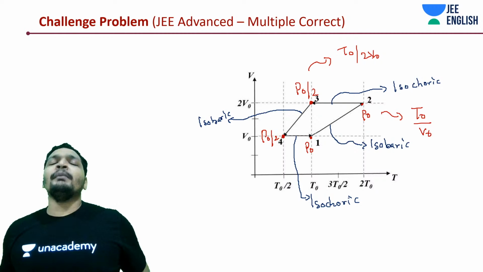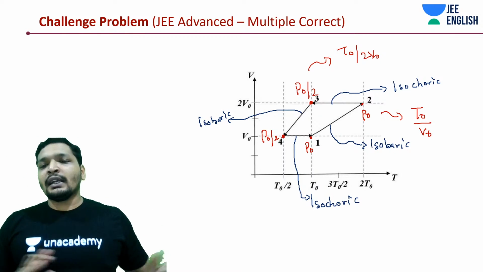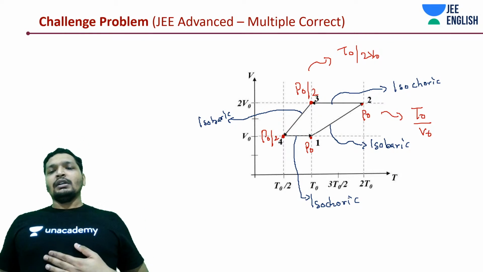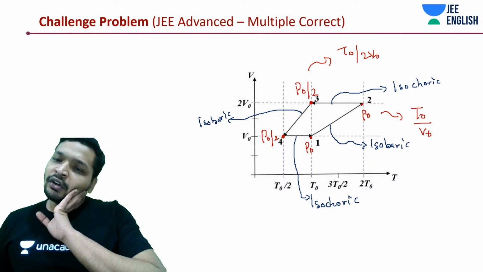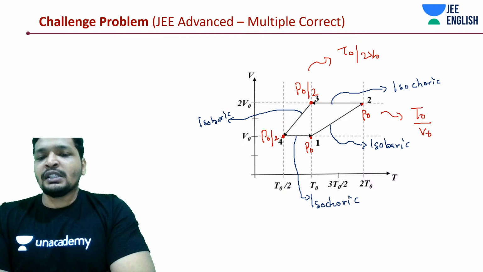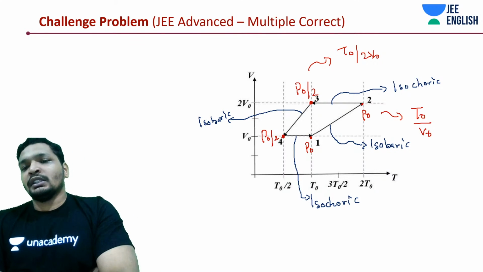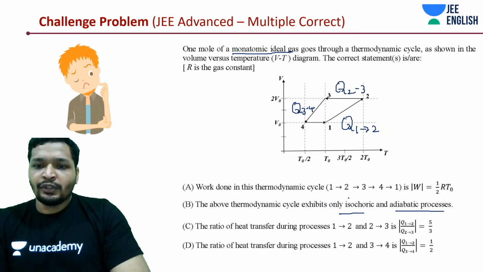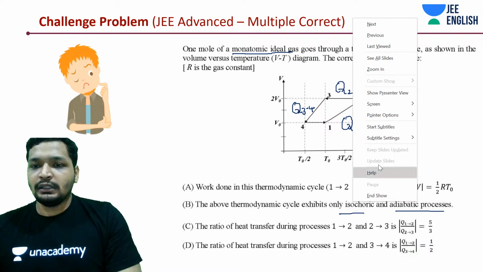If you remember, isobaric and isochoric processes cannot create an adiabatic process. In the options it is given that all the processes are just isobaric, isochoric and adiabatic.